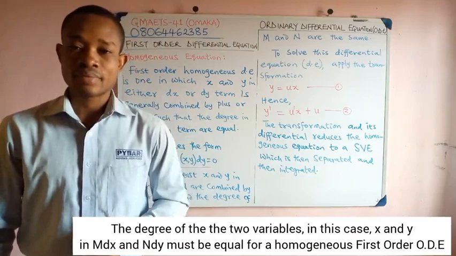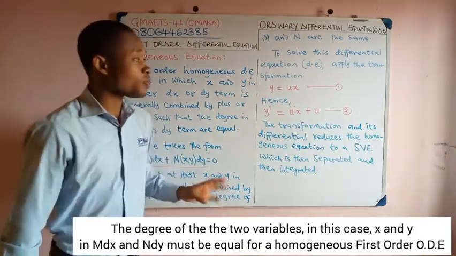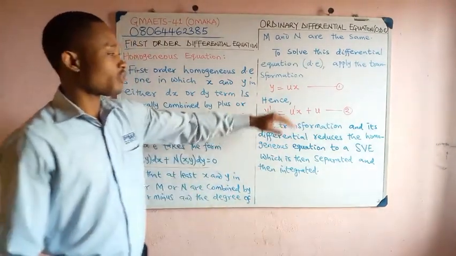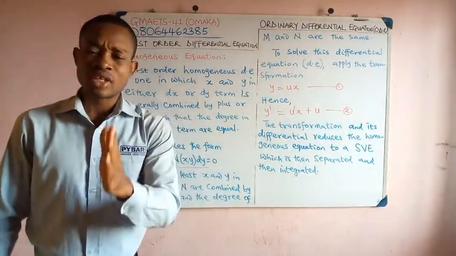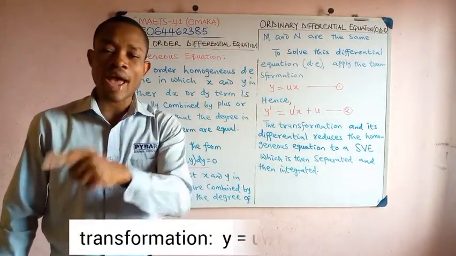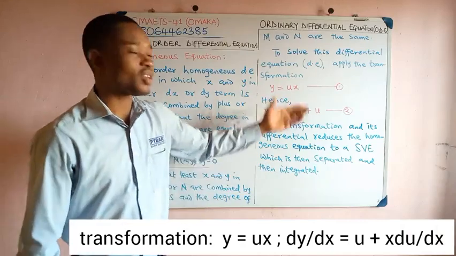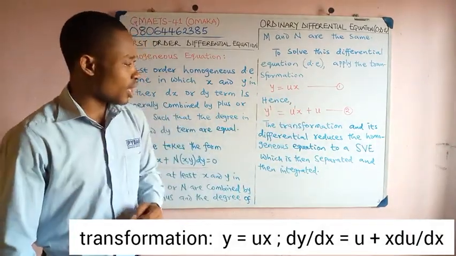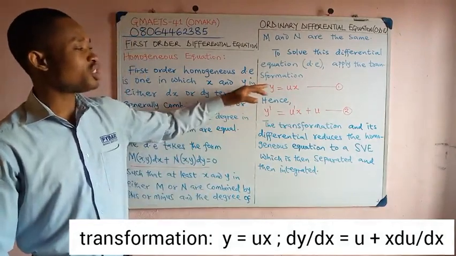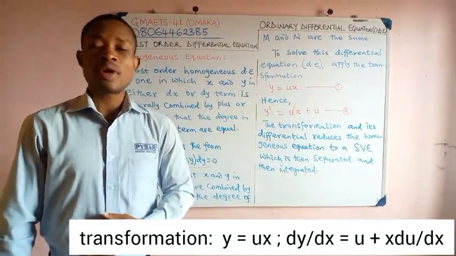Does that make sense? Now, how do we solve this problem? To solve it, we use this transformation given by equation 1. You're going to call y to be ux, that is, y is equal to ux, where u is a variable, of course. Is that okay? And then we have to differentiate this equation 1 with respect to x.